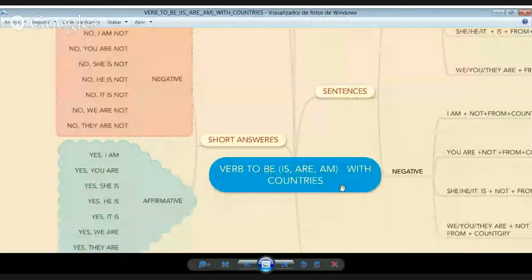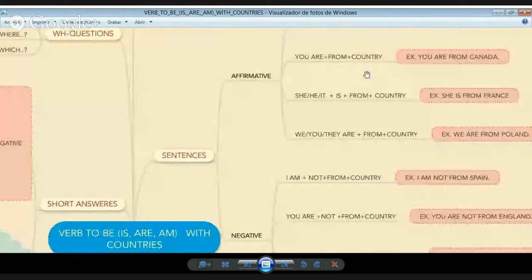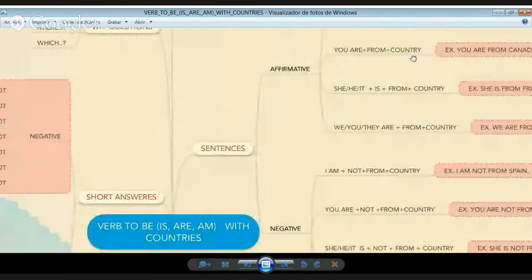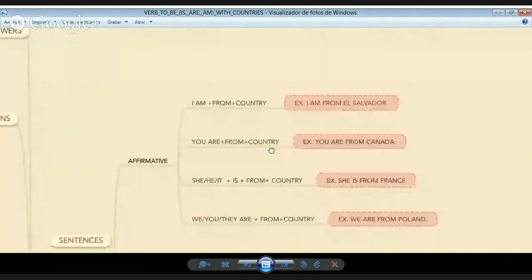So, la anterior era con nationalities. En el vocabulario veíamos las diferentes nacionalidades y los países. Aquí ustedes tienen cómo van a preguntar por países. Nos vamos a affirmative sentences, ¿ok? Y la estructura es casi igual, pero en la oración afirmativa se agrega una preposición, from.